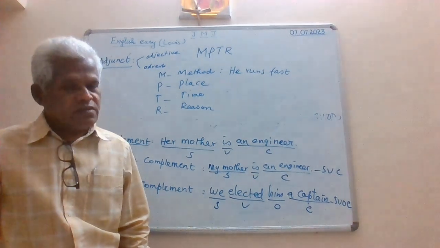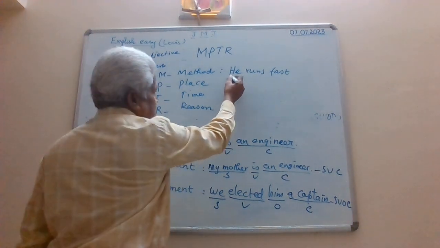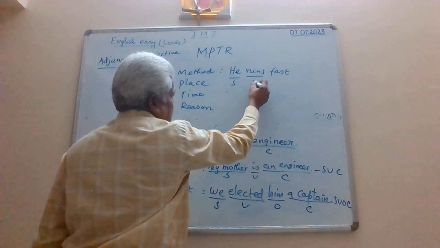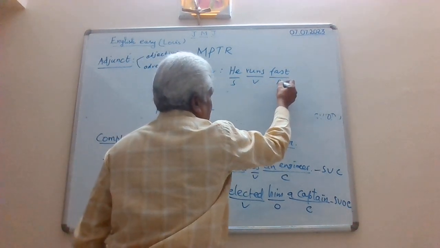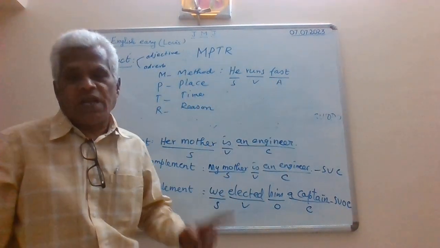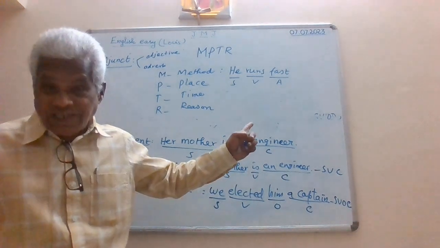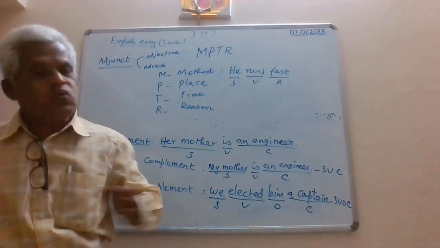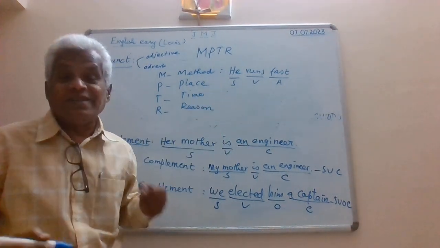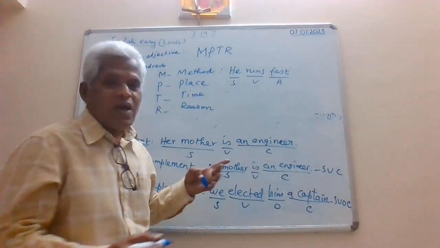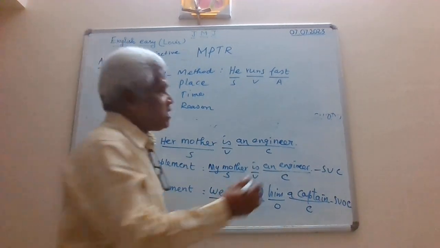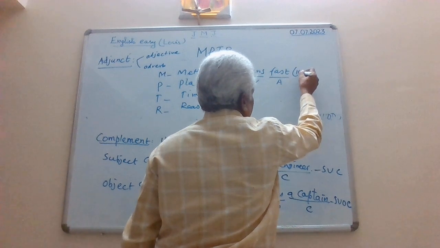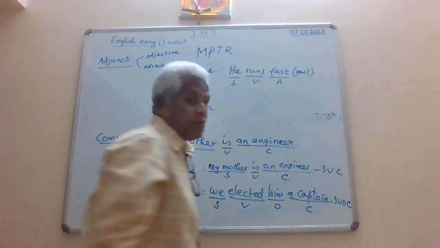He runs fast. Now he is your subject, runs is your verb, fast is an adjunct. It is not an object. It's an adjunct. Now it will tell you how the subject runs. So when you have the word answering the question how, that is method.